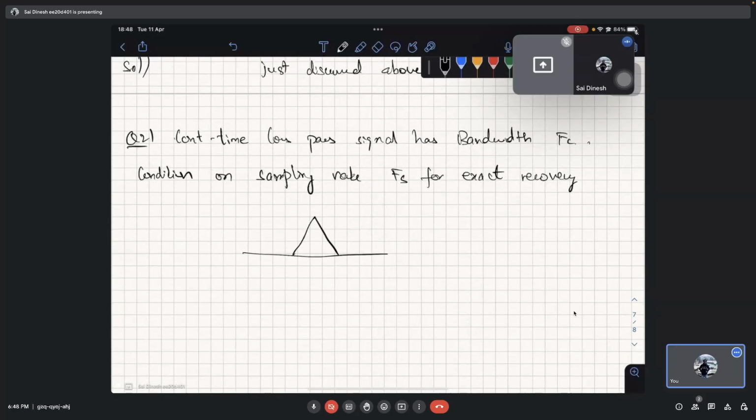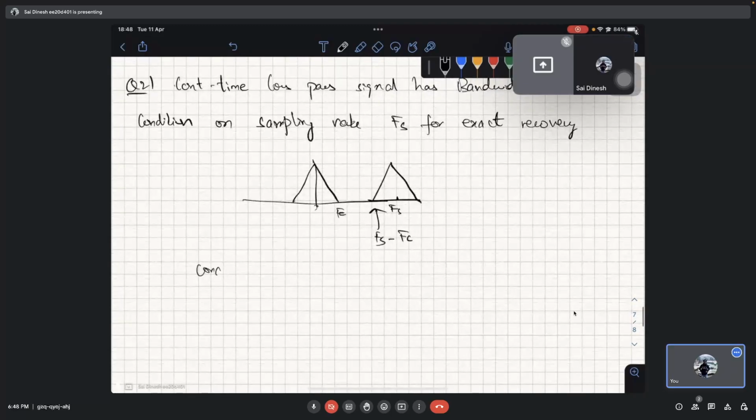So 0, fs, fc, fs minus fc, right? What is the condition for no aliasing?